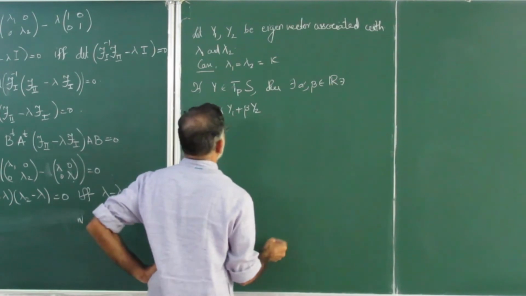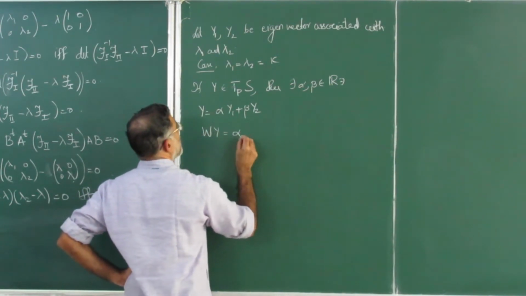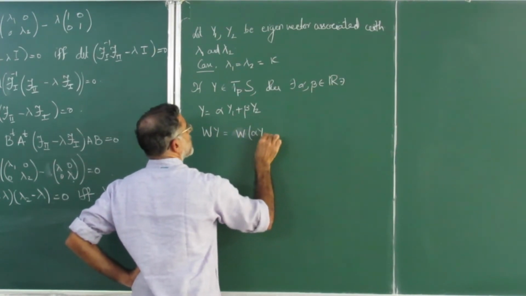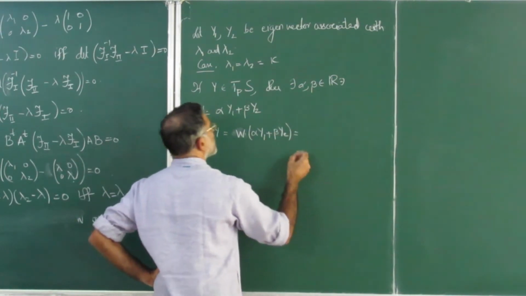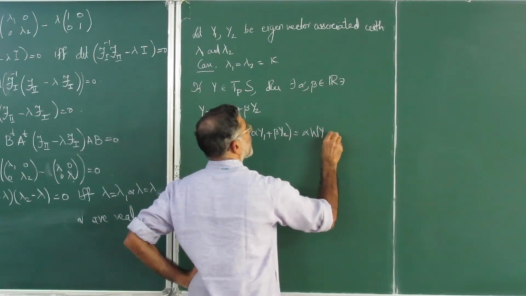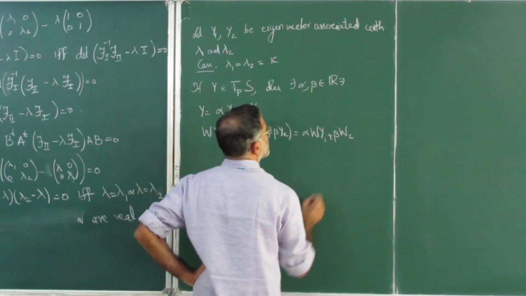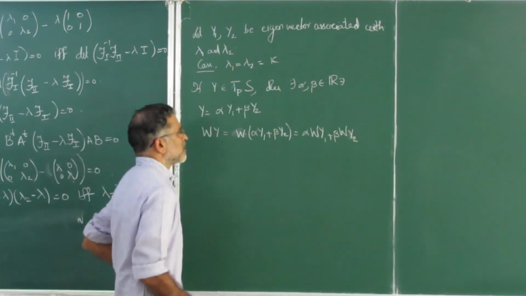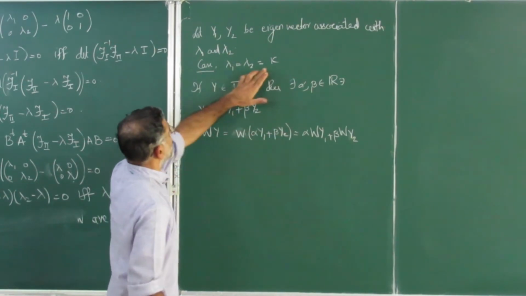So what can you say about Wy? Wy is equal to W of alpha y1 plus beta y2. That is equal to, linearity says, the same as alpha Wy1 plus beta Wy2. But you know that y1 and y2 are eigenvectors associated with kappa.